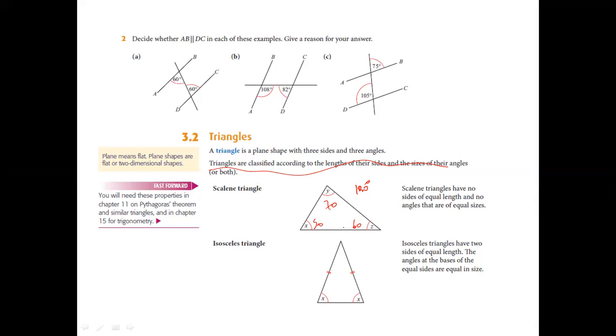Two sides are equal in length, and the angles at the base of the equal sides are equal in size. As you see, if these two sides are equal, then the two angles must also be equal to each other. If this side is 7 centimeters and the right side of the triangle is also 7 centimeters, then their angles must be equal: 70 and 70, and here 40. So its name is isosceles triangle.